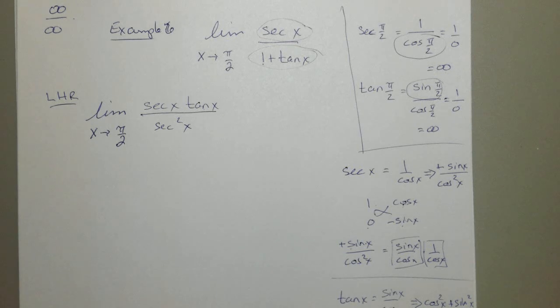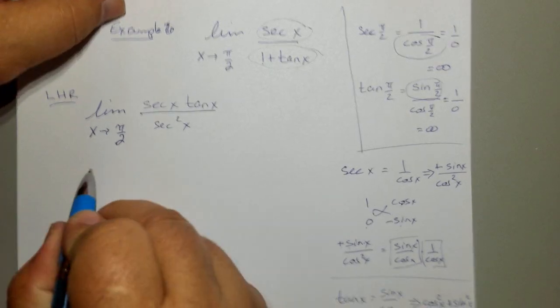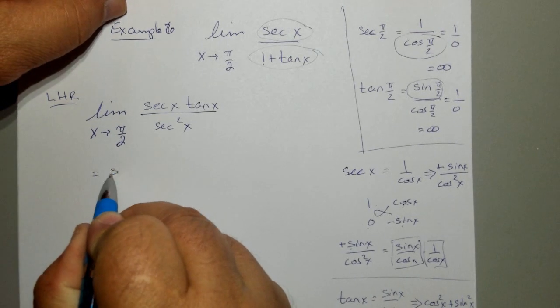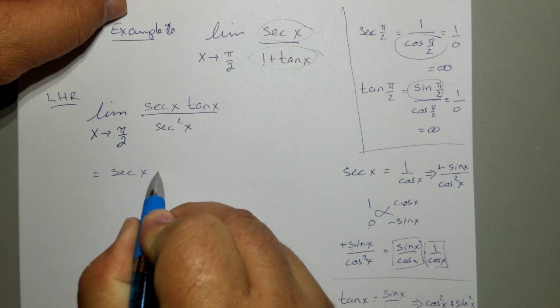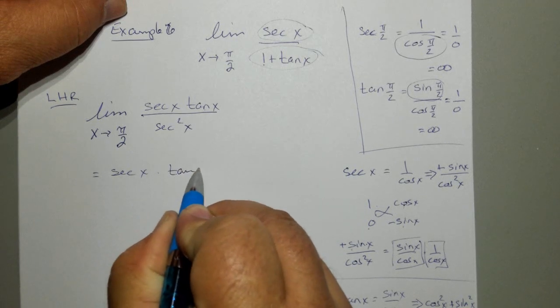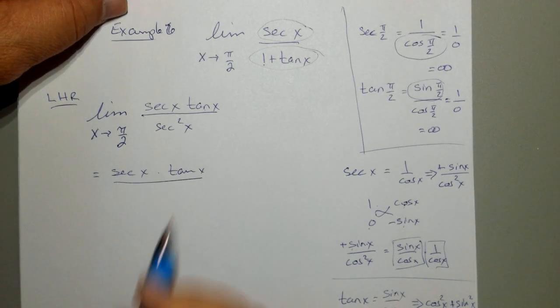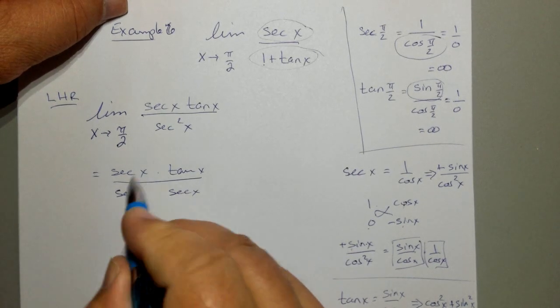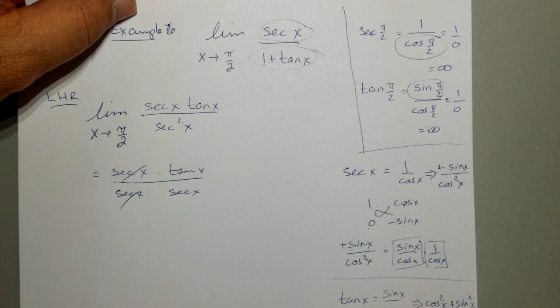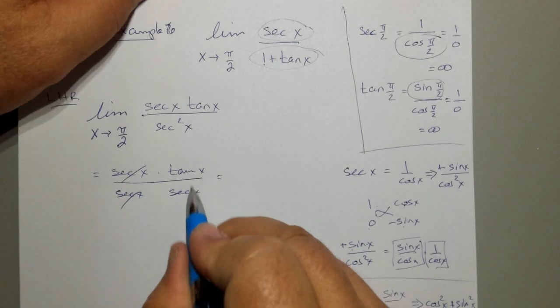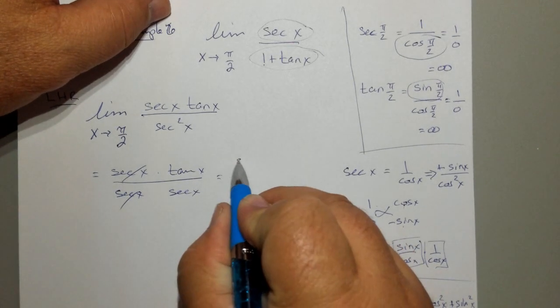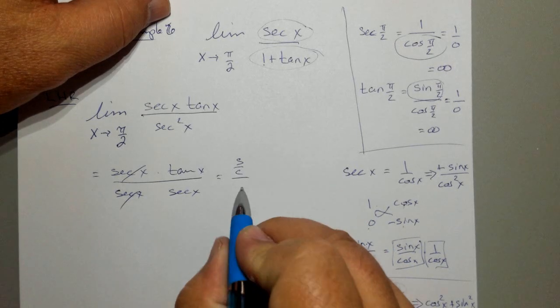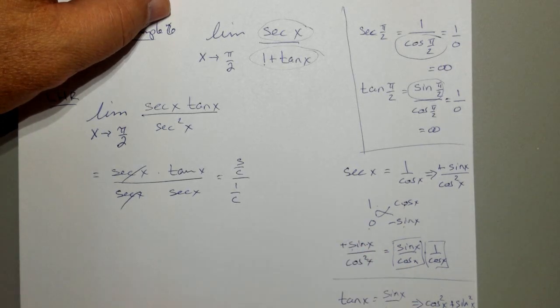Actually, let's always check algebra. If we have secant times tangent, secant x, these cancel. We have tangent over secant. Sine over cosine divided by 1 over cosine.